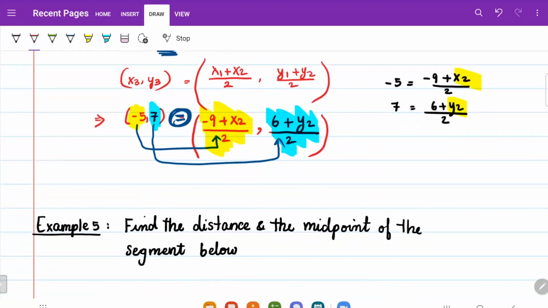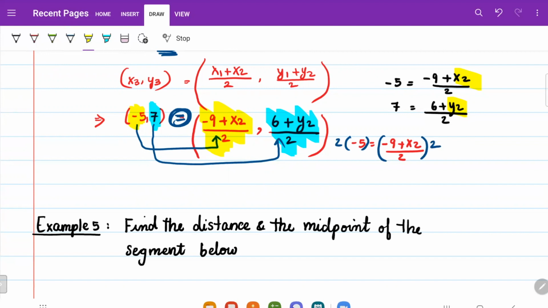Okay, let us first solve for x2. Let me write it down again. We have minus 5 equals minus 9 plus x2 over 2. First step would be multiplying both sides by 2. I'm multiplying this by 2 and this by 2.